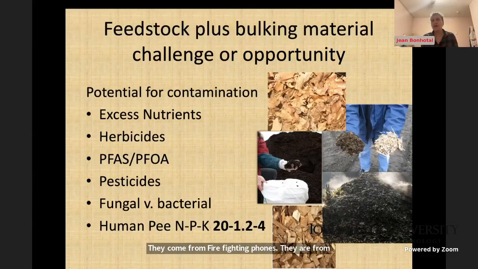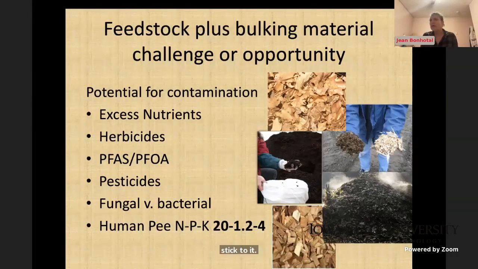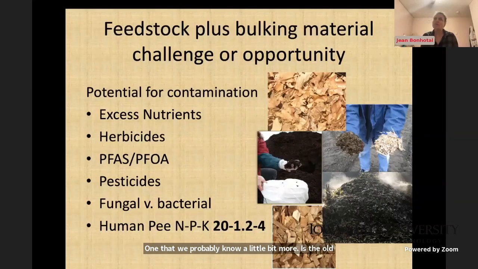That's a PFAS. The box board inside of a pizza box and things like that has a spray on so things don't stick to it. One that we probably know a little bit more is the old Teflon and the nonstick coatings that cause some serious problems.